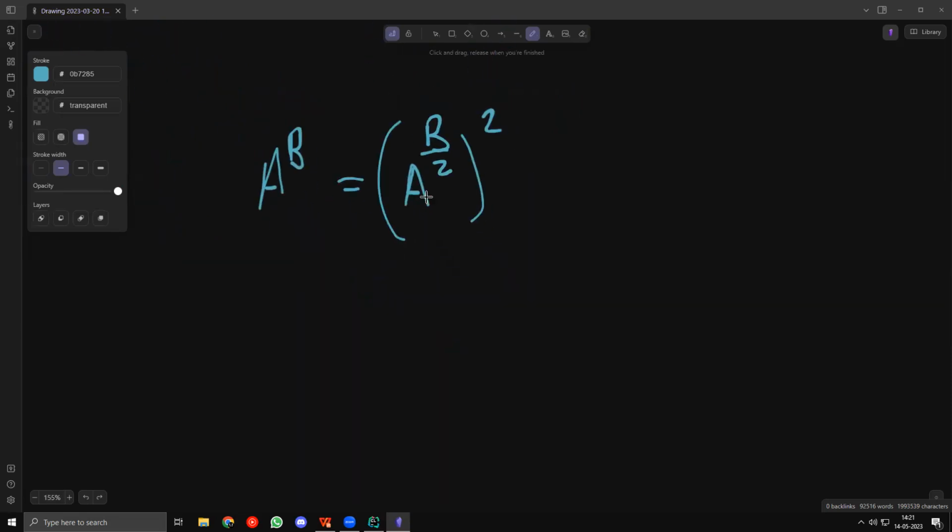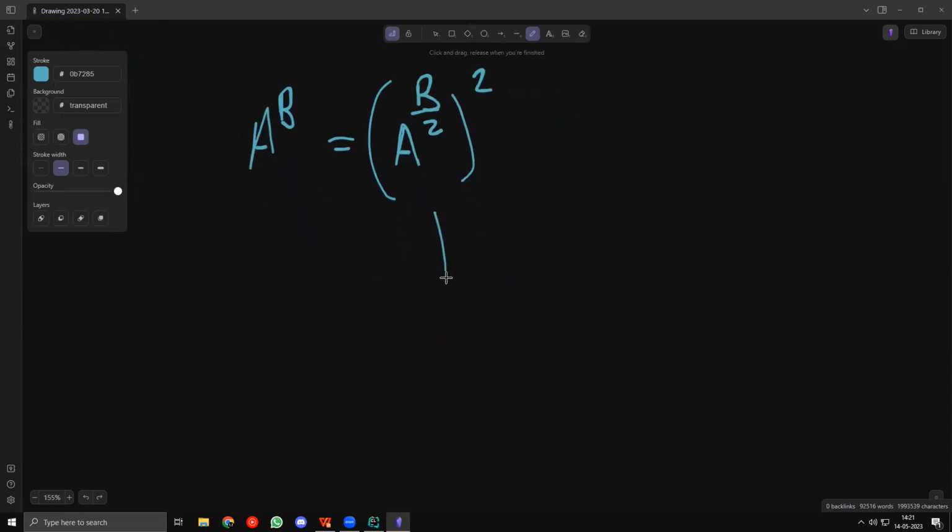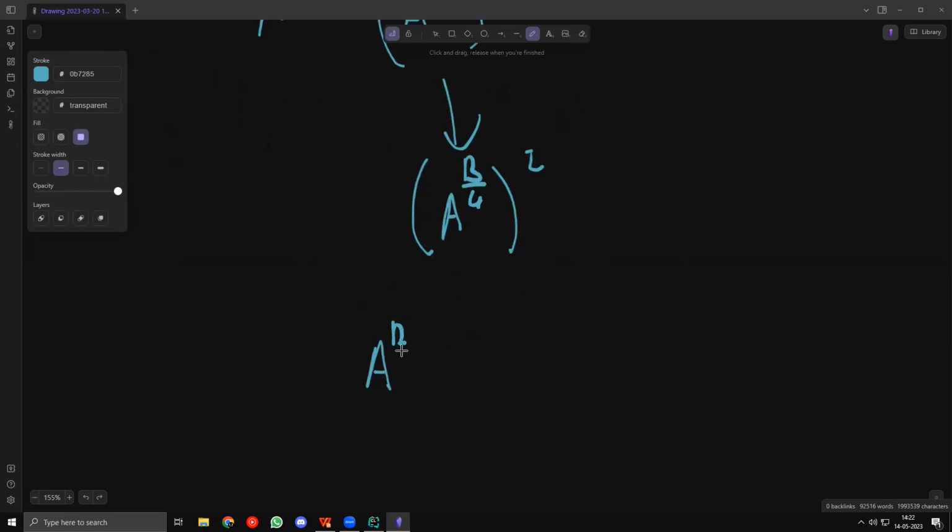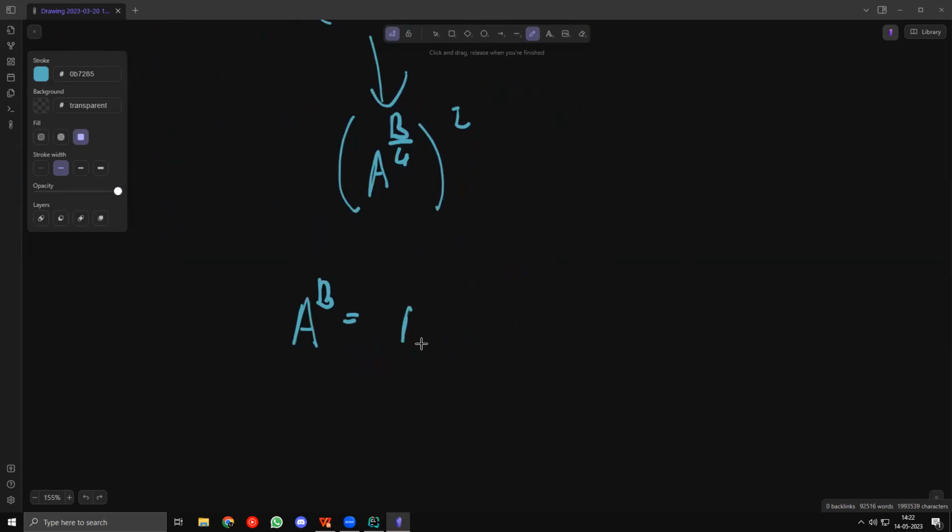And in a to the power of b by 2, it will be a to the power of b by 2 by 2, or basically a to the power of b by 4 squared. So a to the power of b is actually equal to a to the power of b by 4 squared and squared again. Again, sometimes there'll be times a, sometimes there won't be. Let's just ignore that for now.